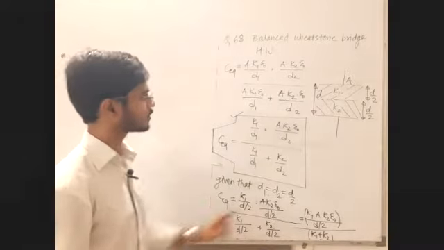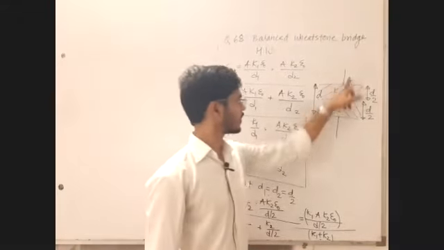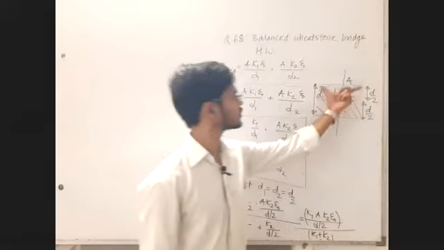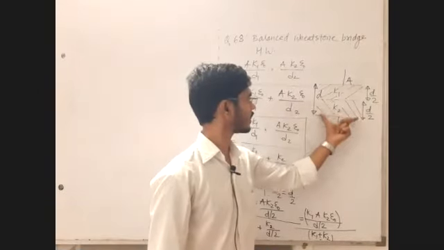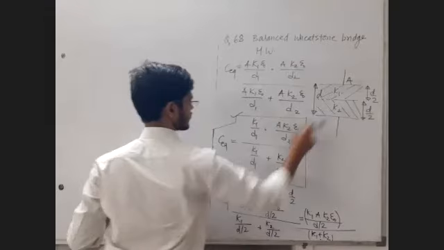And I know that here the area is going to be equal, because this area A, this area A, this area A is equal for the first capacitor as well as the second capacitor.